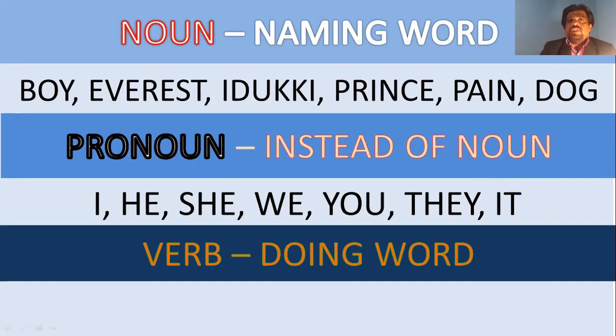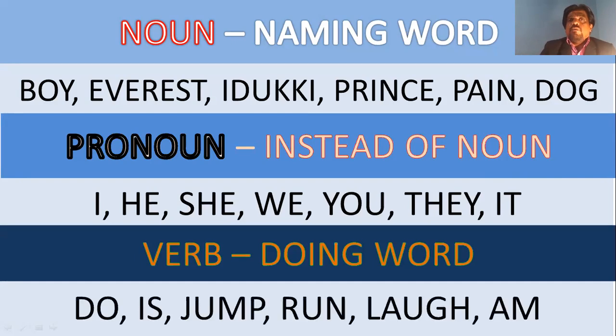They are the action words. They tell what a thing does or what a thing is. Examples of verbs are do, is, jump, run, laugh, etc.